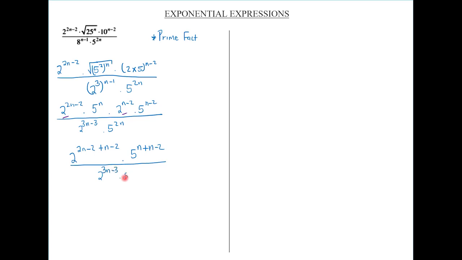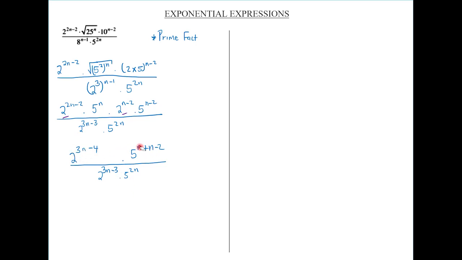Now if I simplify this part at the top, it's going to be 2n plus n, which is 3n. And then here we have minus 2 and minus 2, so it's going to be minus 4. There we go. Now you can see we've done with the top part.